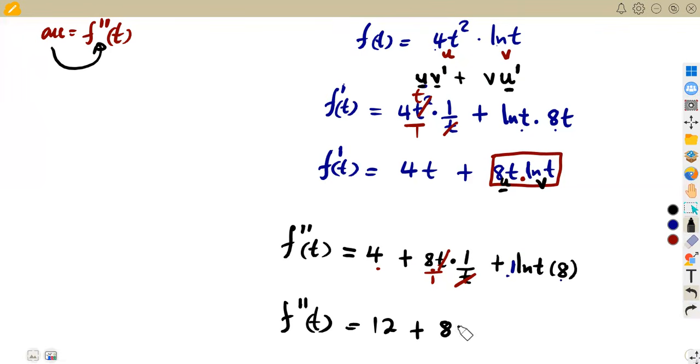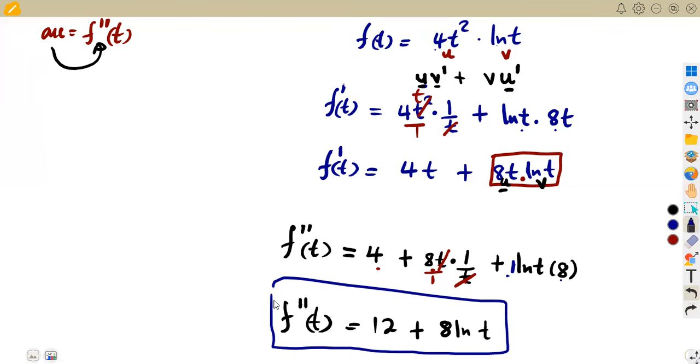So this is what we are going to have at the end. Guys, this is an expression for acceleration. This whole part here represents our acceleration. So at the end, our acceleration is equal to 12 plus 8 ln t.